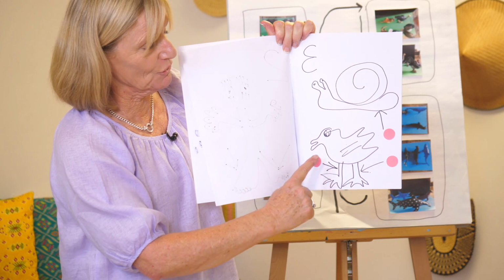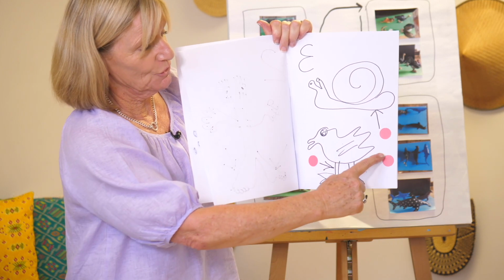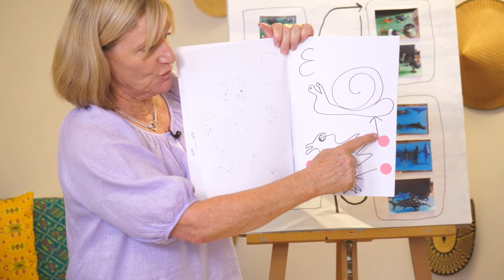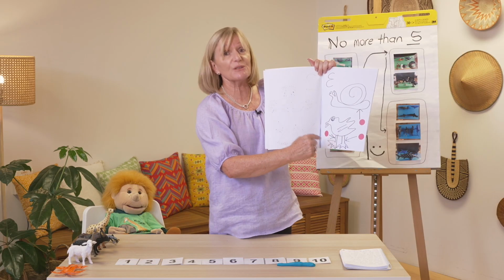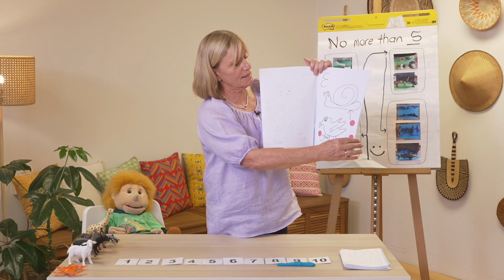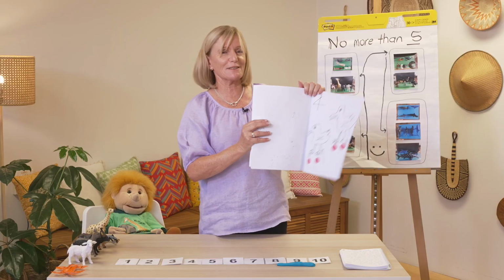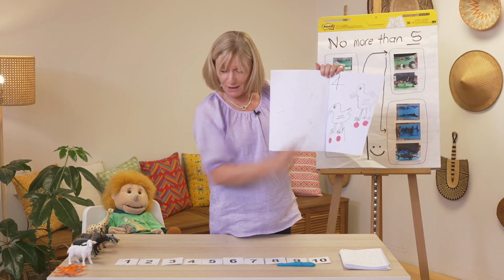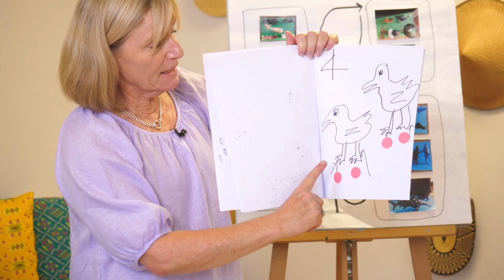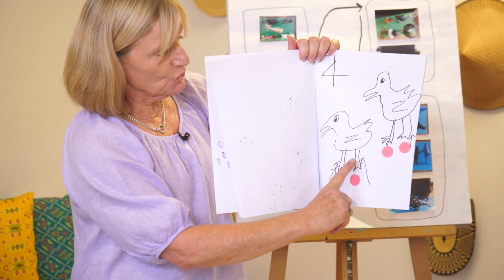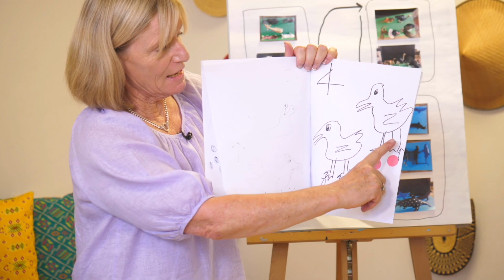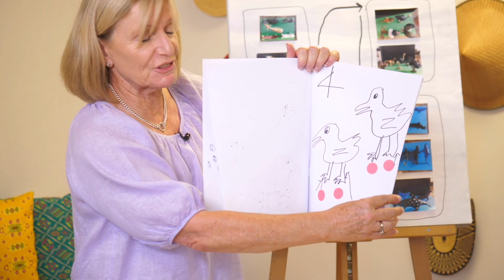Can you help me count? 1, 2, 3, and you can see he's used arrows instead of words in his text. We could have guessed the next number, couldn't we? It's the number 4. Help me count. 1, 2, 3, 4. 4 duck's feet.